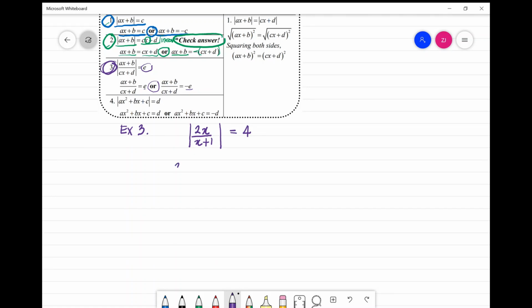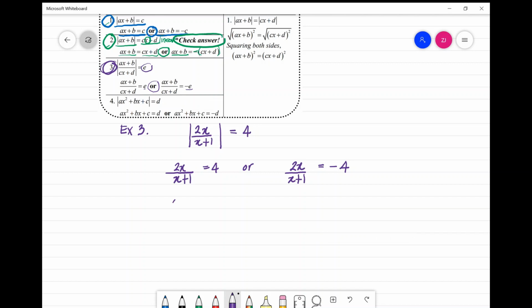So we will have 2x over x plus 1 equals 4, or 2x over x plus 1 equals negative 4. Now we solve one by one.